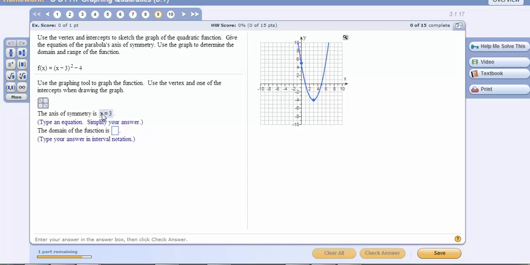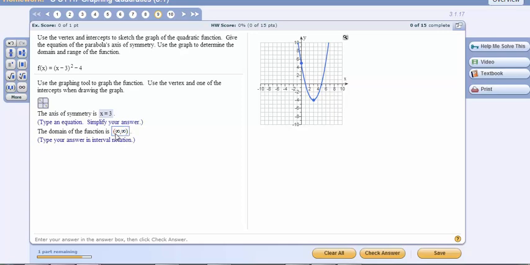Domain, negative to positive infinity. Remember, whenever you use infinity, you have to make sure that you're using parentheses and not brackets. There's a shortcut on your keyboard if you don't want to come over here and use the infinity palette. If you use the /INF, that will put in infinity, close parenthesis.